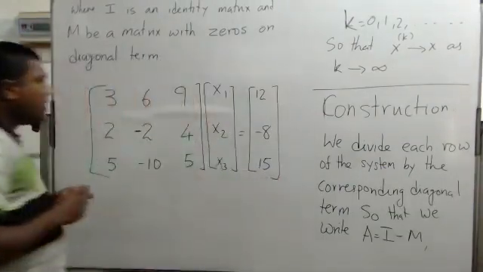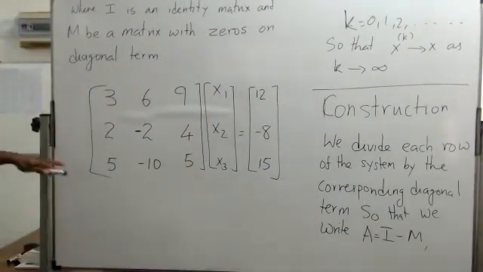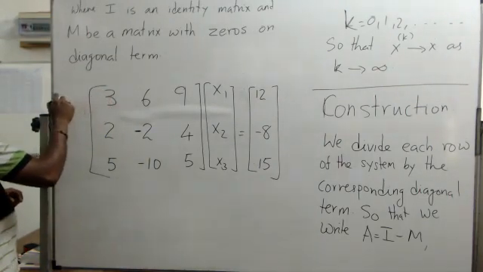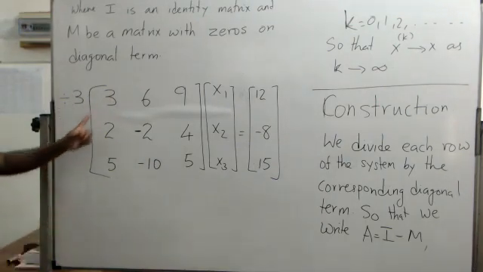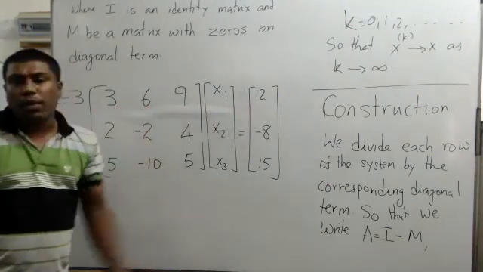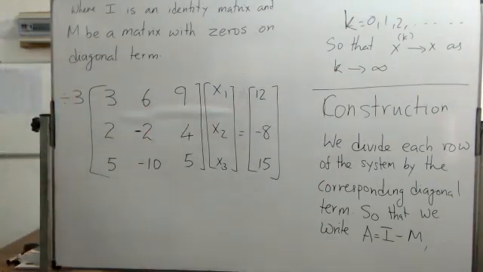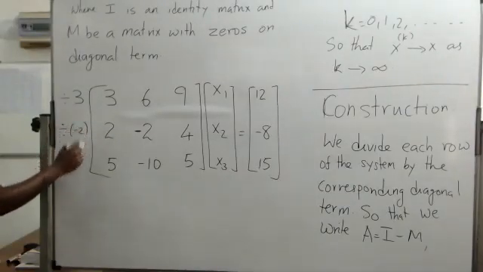So suppose you have a system like this. This is an Ax equal to b system. What you first do is make sure that the diagonal term is 1. If you want to make this 1, you divide this row by 3, so that the diagonal term becomes 1. Here you divide by minus 2.